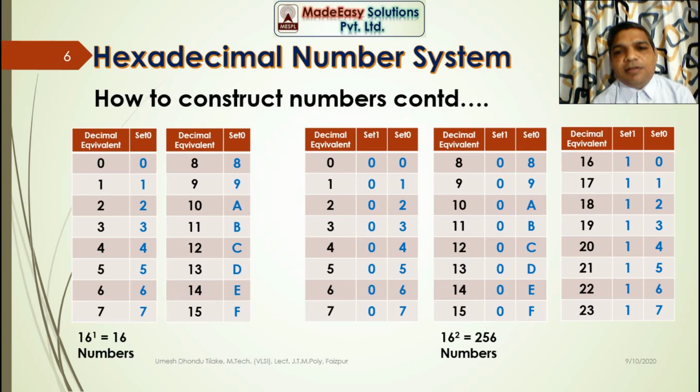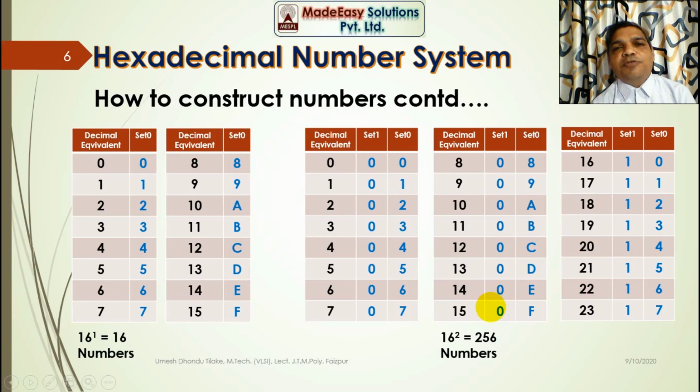So see here, in set 0 I have used all the digits in series up to F, and in that case in set 1 the first digit is used, that is 0, and is kept constant until this final digit of set 0. Now here set 1 has used only one digit.